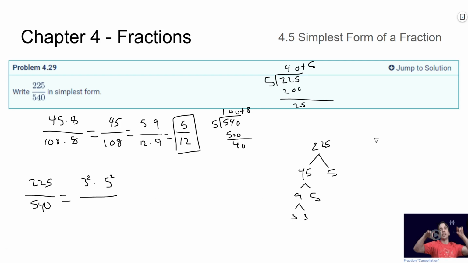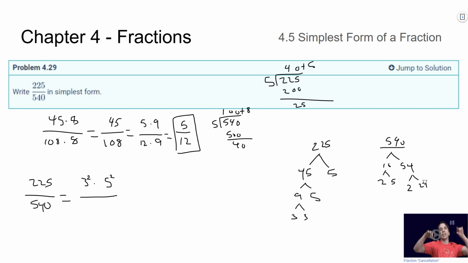And then 540 would be 10 and 54. This would be 2 times 5. 54 would be 2 times 27.